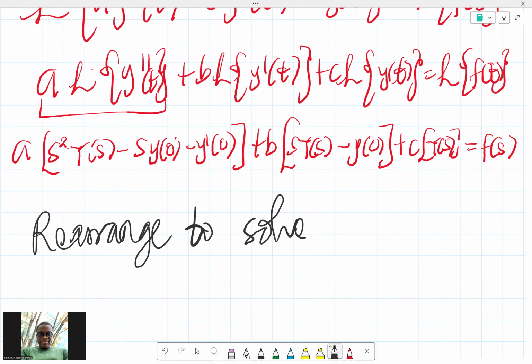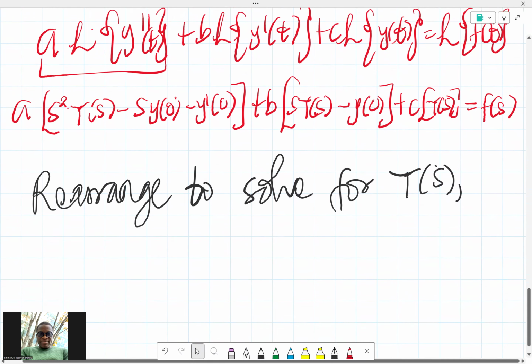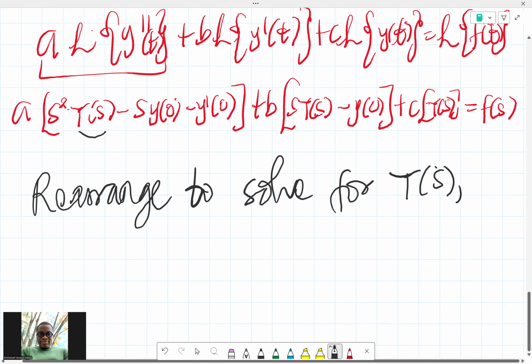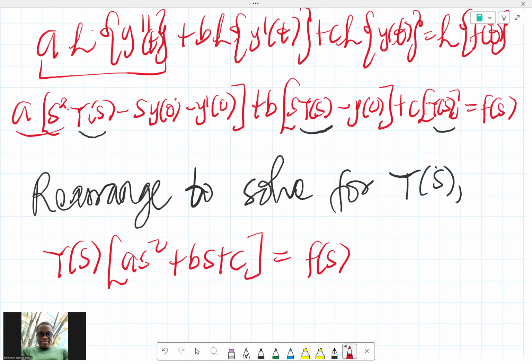Everywhere you see Y(s), put them together and look at their coefficients: a s squared, b s, and c.